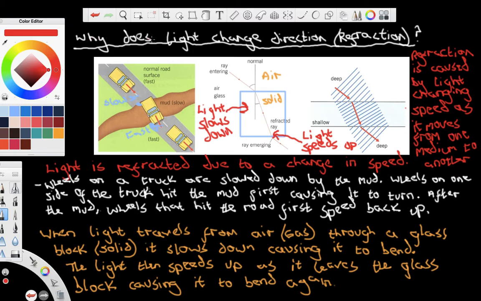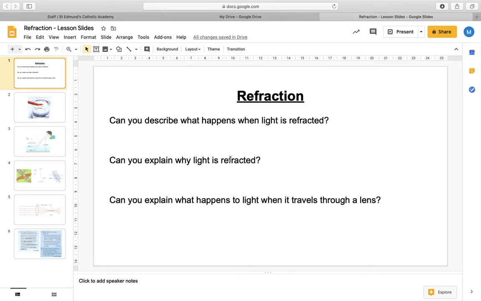So if you get asked, why does light change direction? There is your answer. So if we have a look back to our learning objectives, it says, can you explain why light is refracted? You should be able to do that now.